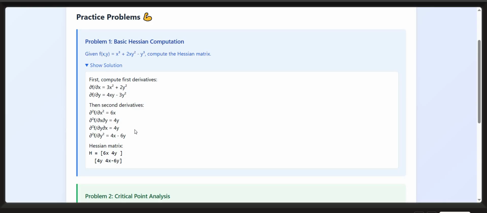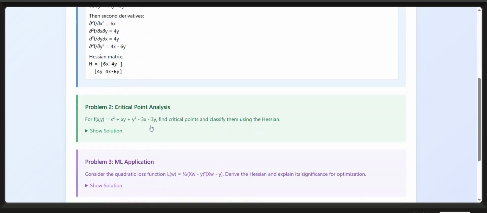So we can write the Hessian matrix like this. You can see H equals [6x, 4y; 4y, 4x minus 6y], and that's it. We have got our Hessian. The entries are all based on second derivatives we just calculated.